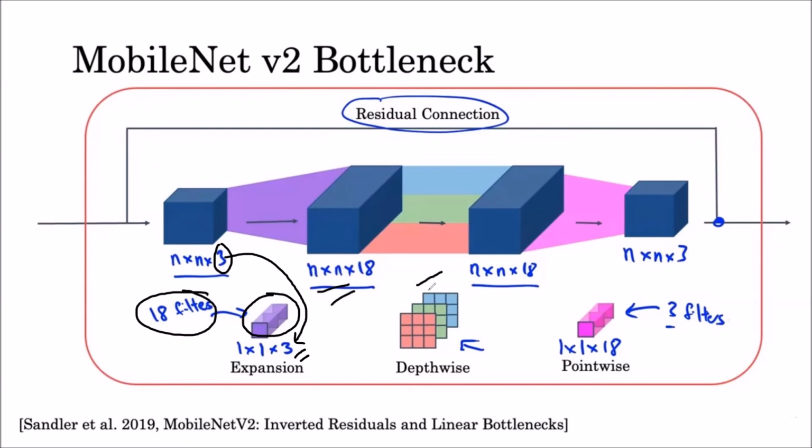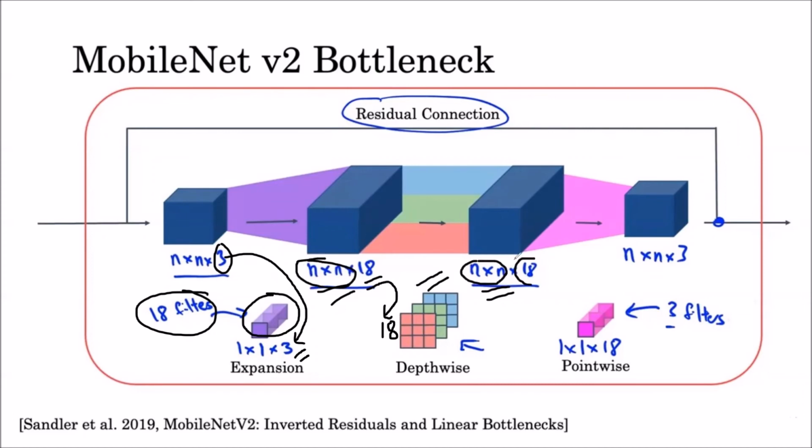Now we are performing the depthwise convolution. As we discussed already, when the number of channels is 18, we should consider the number of filters also 18. So we are taking 18 filters. We are using the same padding, so at the output we will get the same size as the input, n by n.